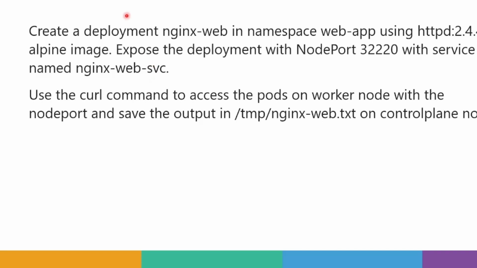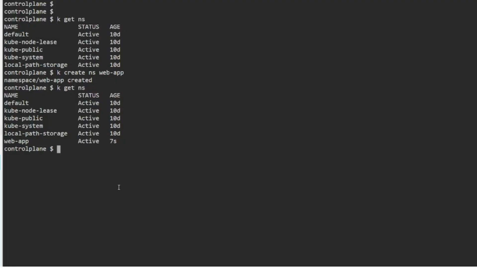Next we need to create a deployment nginx-web, and we need to use this httpd image. Create the deployment, we need to use the imperative command once again. kubectl create deploy.